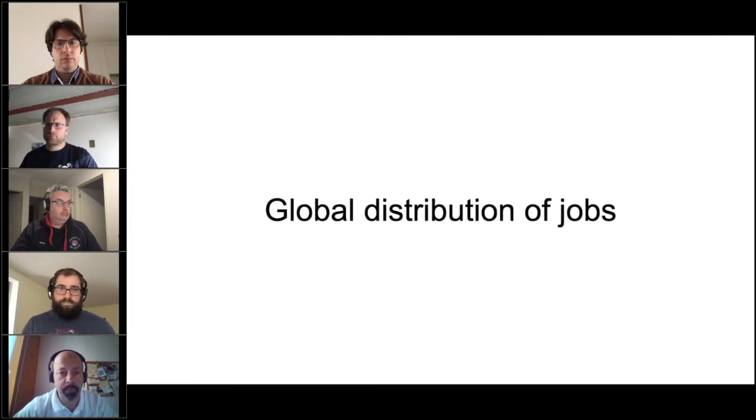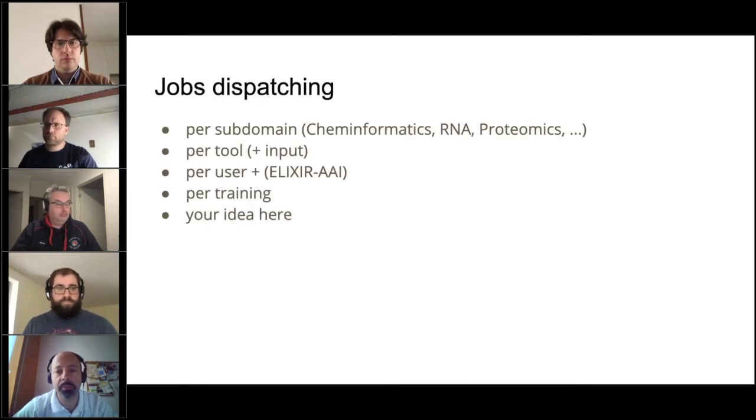Next slide. Okay, so now we have remote computational sites. How can we distribute the jobs to those remote sites? Our idea here: Use Galaxy-EU has several subdomains dedicated to specific topics like chemoinformatics, proteomics, or machine learning.